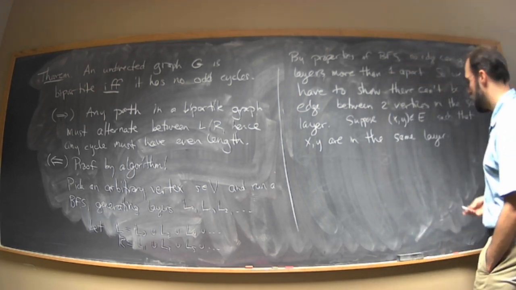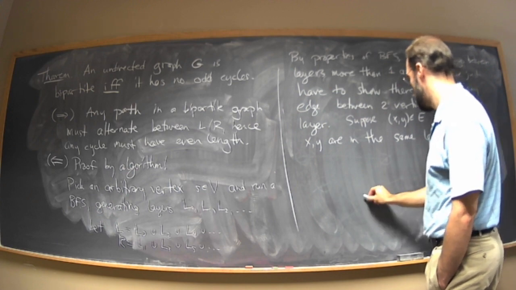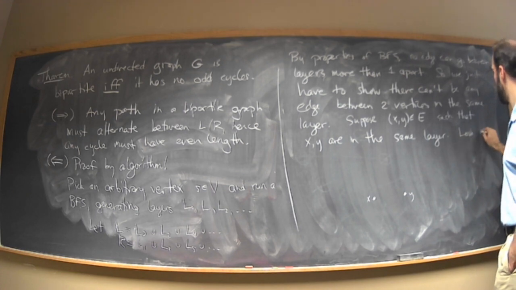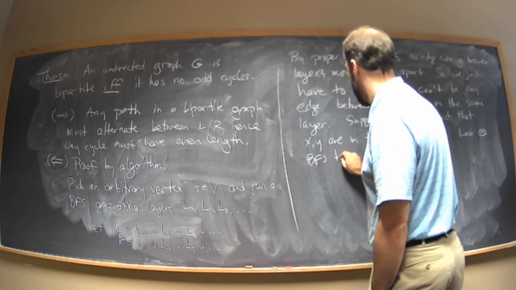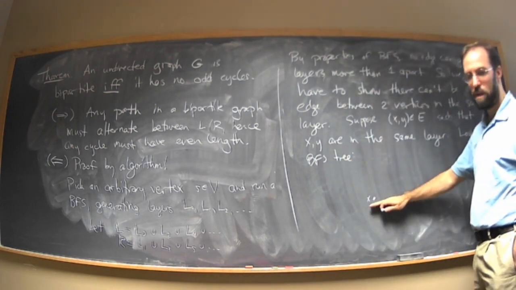Then I'm going to look at the breadth first search tree. Here's x and y, they're in the same layer.